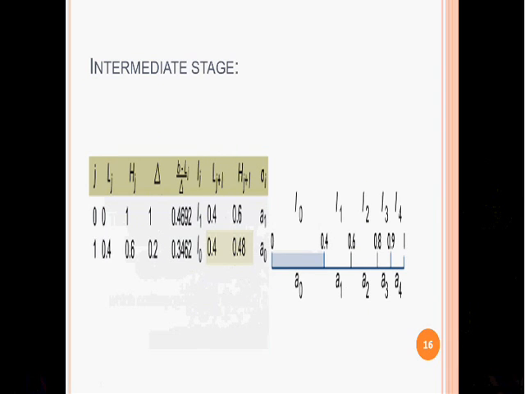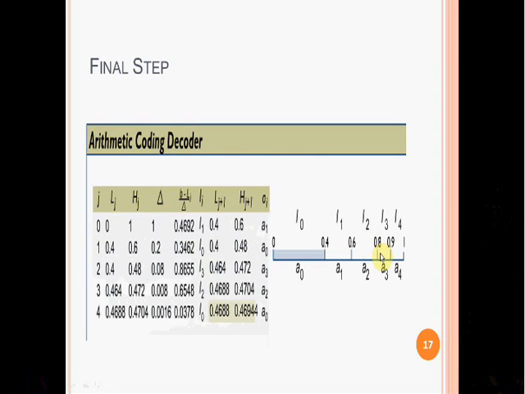And using the formulas and steps mentioned before in the algorithm, we have an intermediate step as this, wherein we have calculated the value of Lj and Hj for the second time. Initially it's 0 and 1, and for the second time using the formulas, we get 0.4 and 0.6, and we continue the same step, and in the final step we get the result something like this.